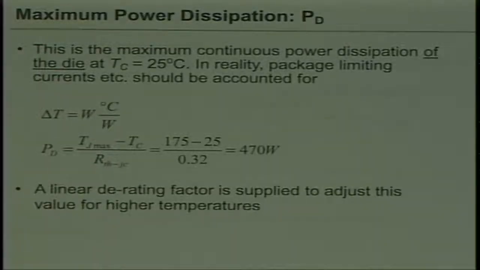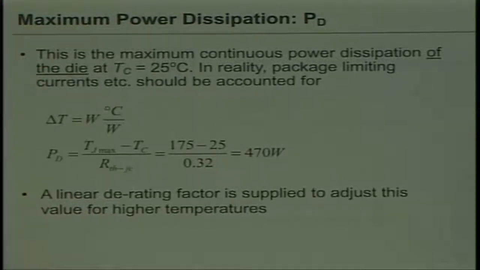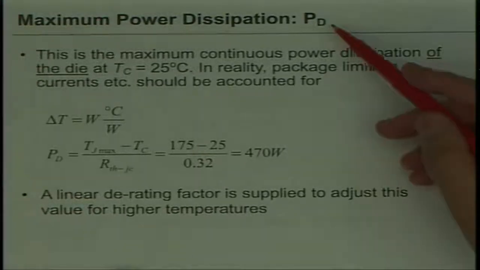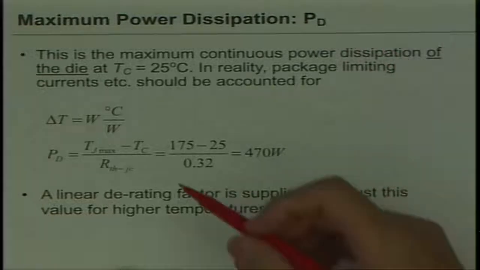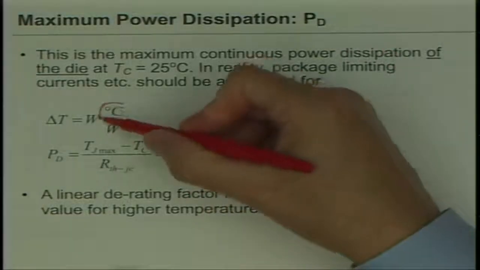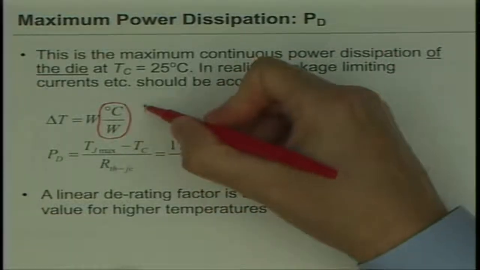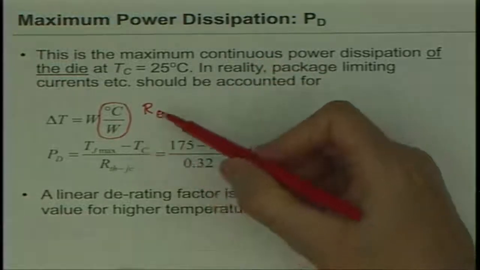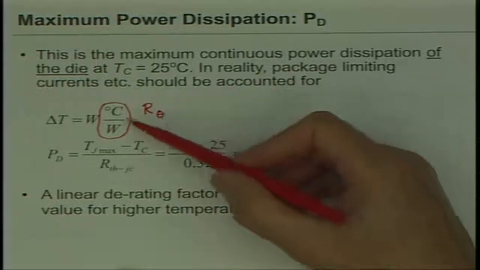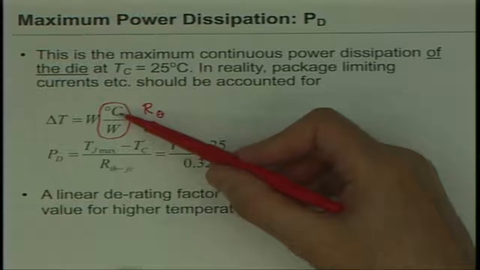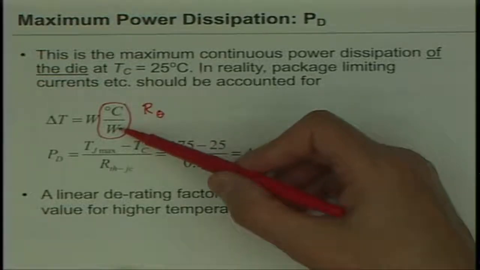So let me show you how we calculate this number of power dissipation. If you start with degrees C per watt, this here is R theta, right? So thermal resistance across a barrier is how many degrees C that device is going to rise for each watt of power that I dissipate in it.